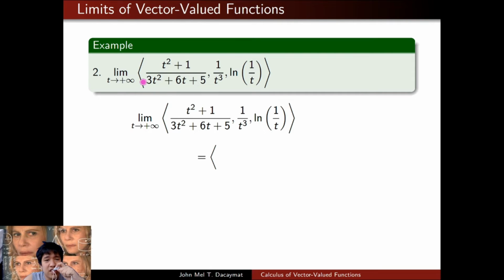You know that this goes to 1/3. The second component, as t approaches infinity, obviously goes to 0.